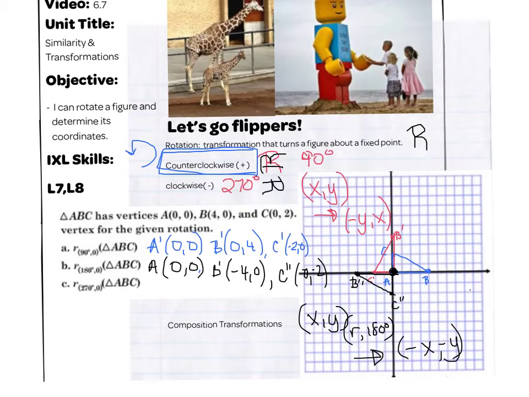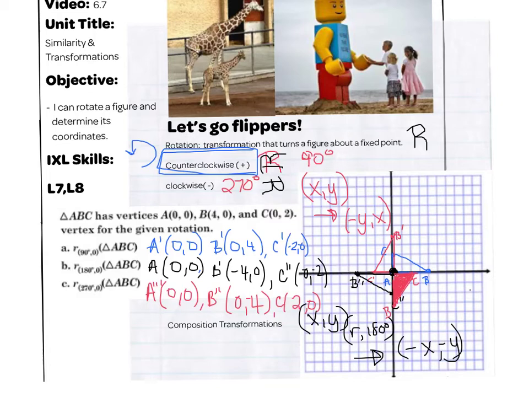Okay, so the last rotation is a 270-degree rotation where A again is in the same spot, didn't move. B, however, is going from its original location here of 4, 0 all the way over here to 0, -4. And C has gone from its original location here at 0, 2 down to 2, 0.